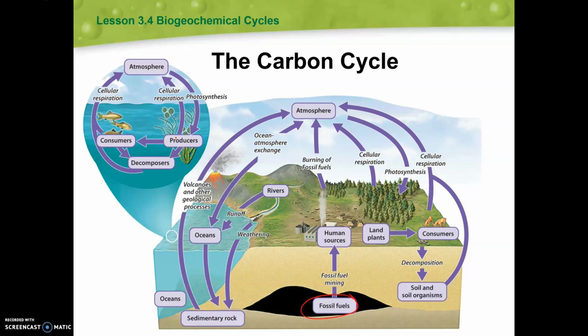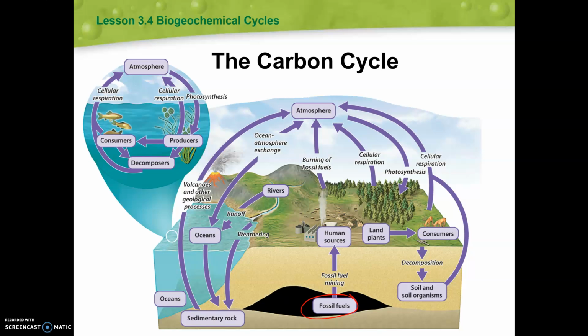And either our consumers will be eating those different plants, or those plants will die off themselves, and our consumers will as well. And we can also see decomposition happening at the bottoms of our oceans. So all of these things play some sort of contribution in our carbon cycle.